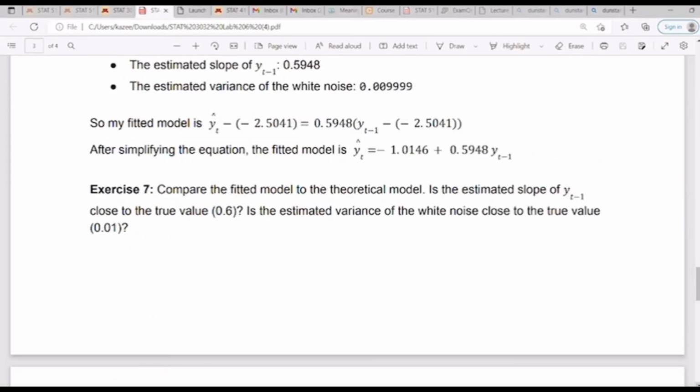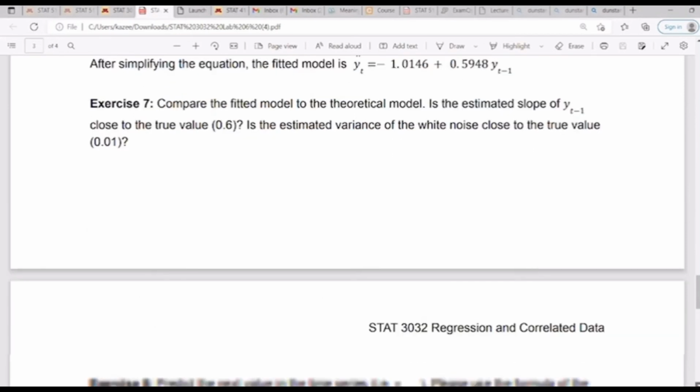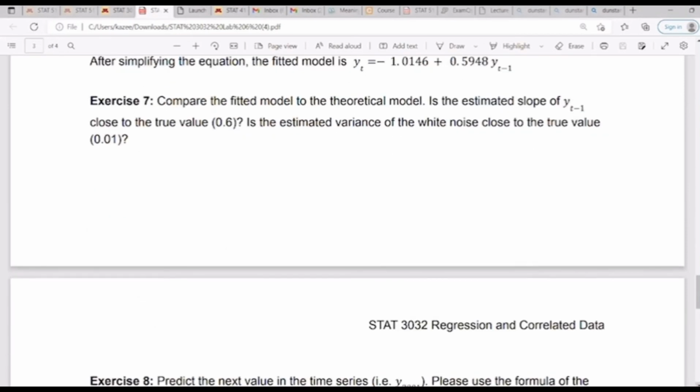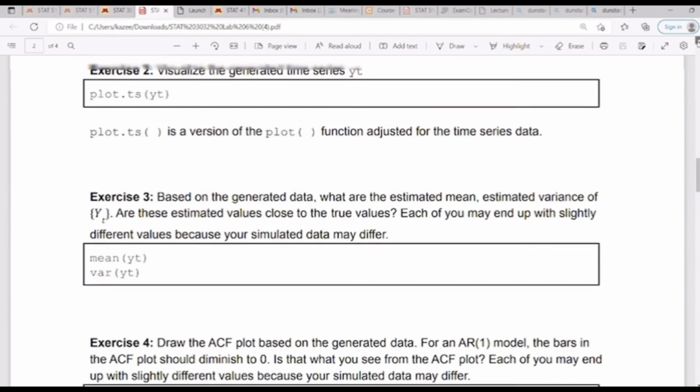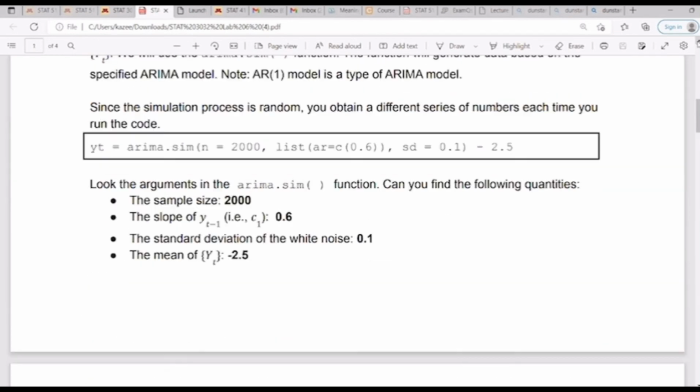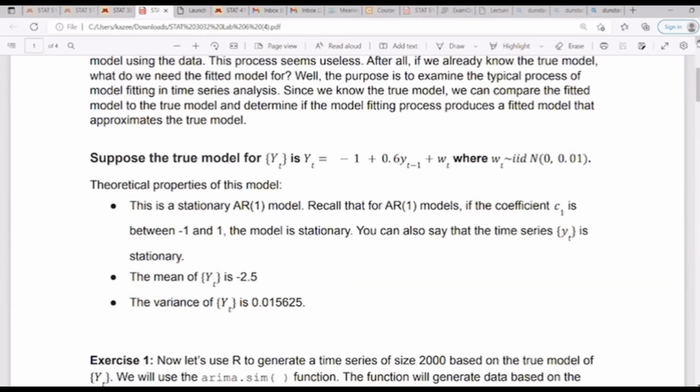Okay, so I want to go to exercise number 7. Compare the fitted model to the theoretical model. Is the estimated slope of y(t minus 1) close to the true value 0.6? Is the estimated variance of the white noise close to the true value? I told you the other time, the true value of C1 is this.